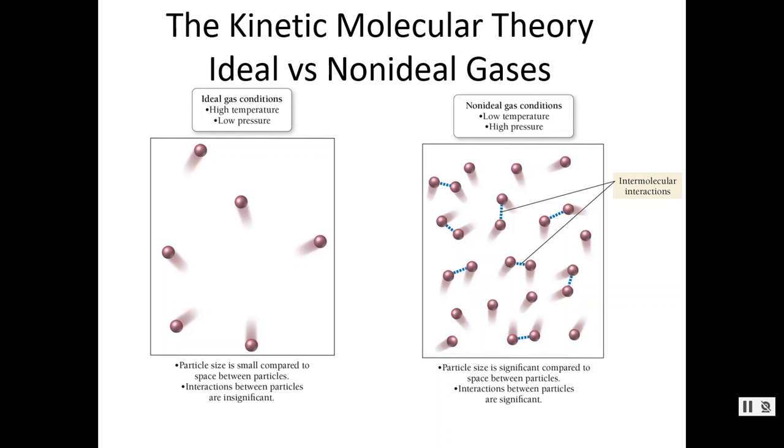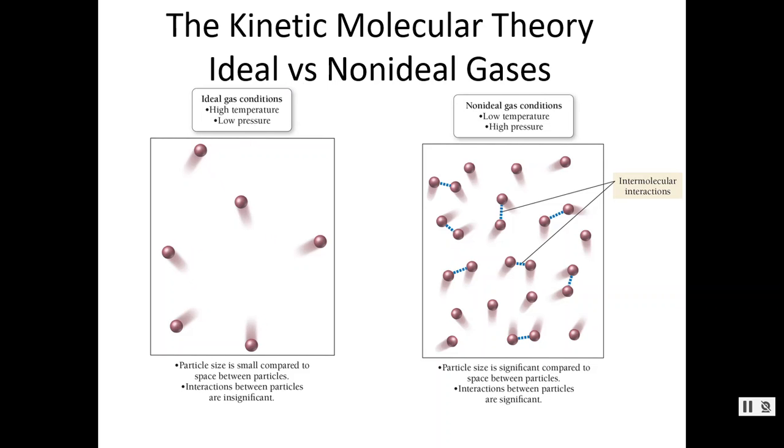With those two assumptions, basically the volume of the gas particles is essentially the volume of the container, and the majority of the interactions in a sample of gas molecules are between the gas molecule and the walls of the container. In ideal gas conditions, any interactions between gas molecules are insignificant.